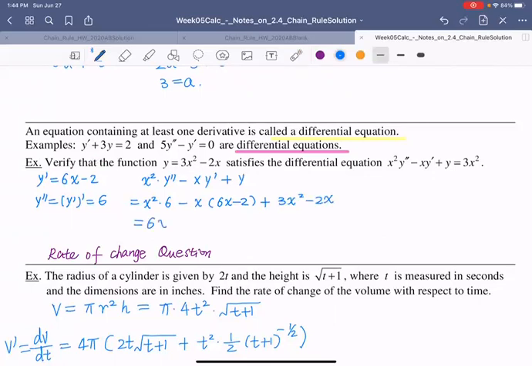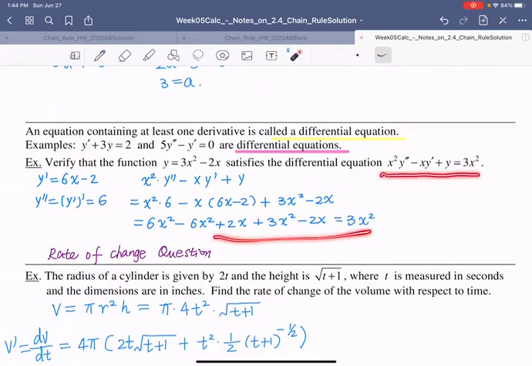This equals 6x squared minus 6x squared plus 2x plus 3x squared minus 2x. This cancels, that cancels. So this is 3x squared, right? So in this way, we prove that this one satisfies this differential equation, okay?